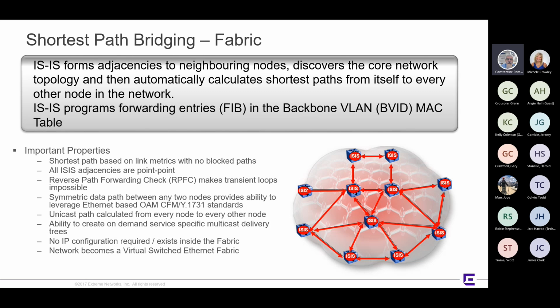Hey, thanks, Jim. So let's talk a little bit about shortest path bridging, which we commonly refer to as fabric. ISIS, again, stands for intermediate system to intermediate system, and forms adjacencies to neighboring nodes, right? So the network is discovered from a core topology standpoint.